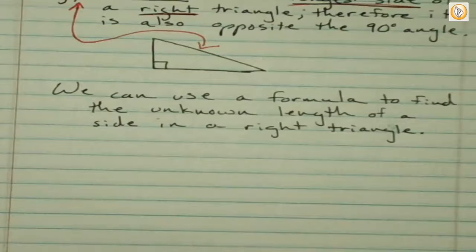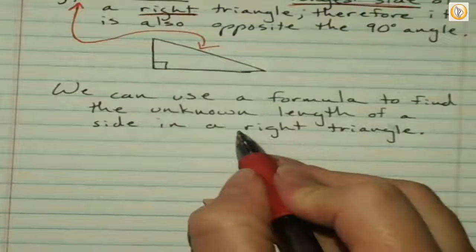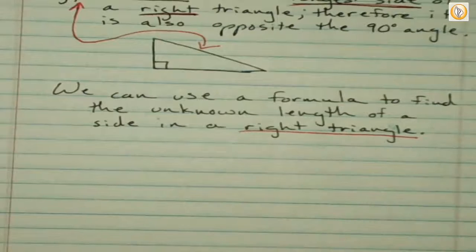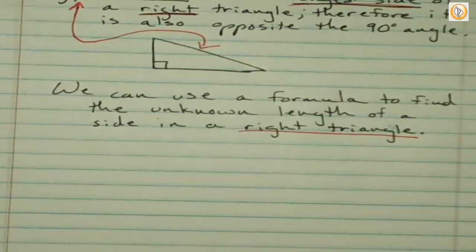So what's important here is that everything we're doing works only when you have a right triangle. Any other triangle will not work with the Pythagorean theorem.